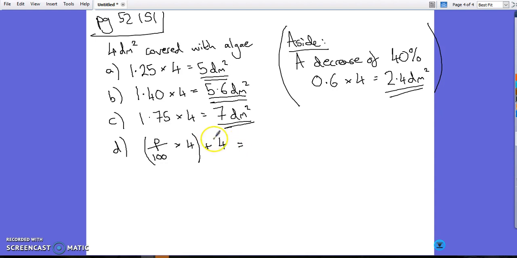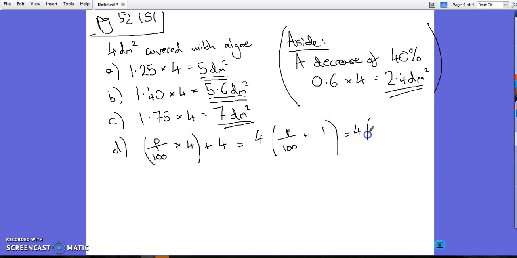And here I can take out the 4 as a factor, and I have P over 100 plus 1. So I've taken the 4 out of this quantity to get this one here, and I've taken the 4 out of here to get our 1.